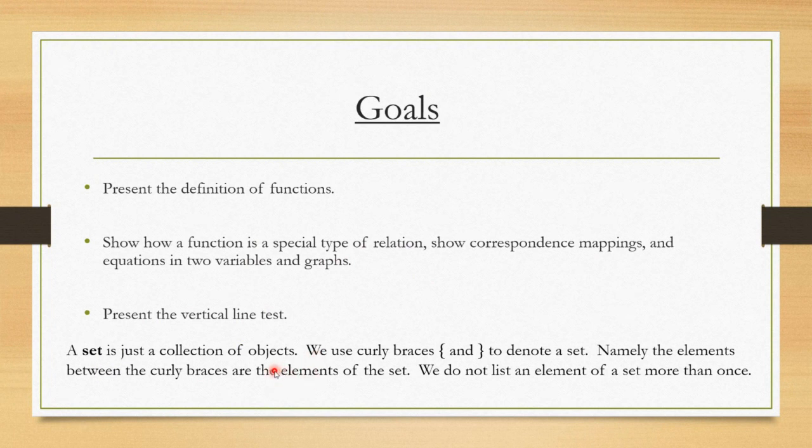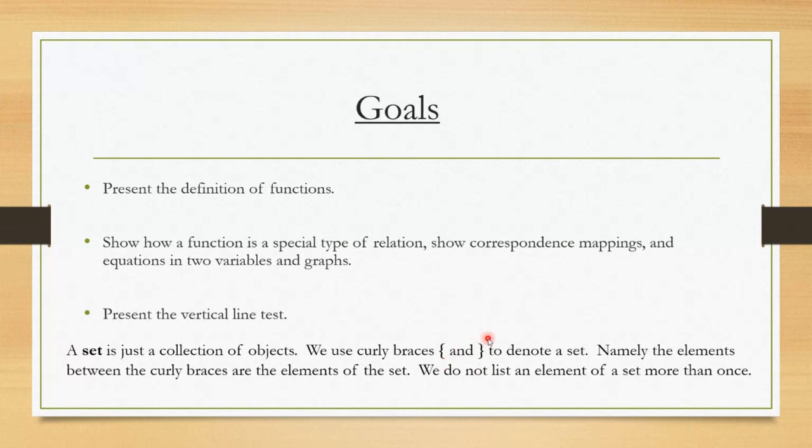The book actually goes into a lot more set theory than I think that it should. Not to say you can't handle it. With sets, we like to use curly braces to denote them.